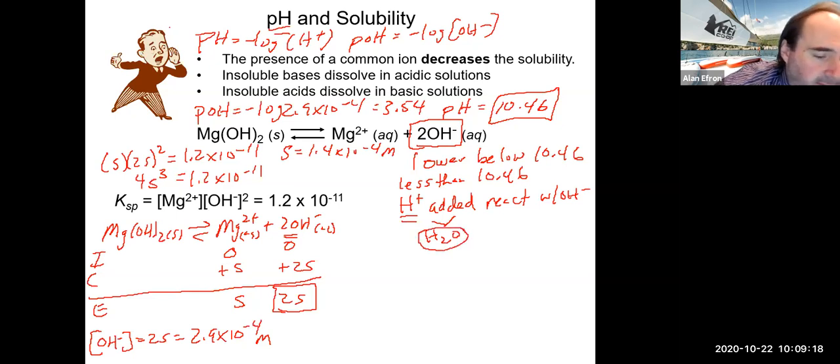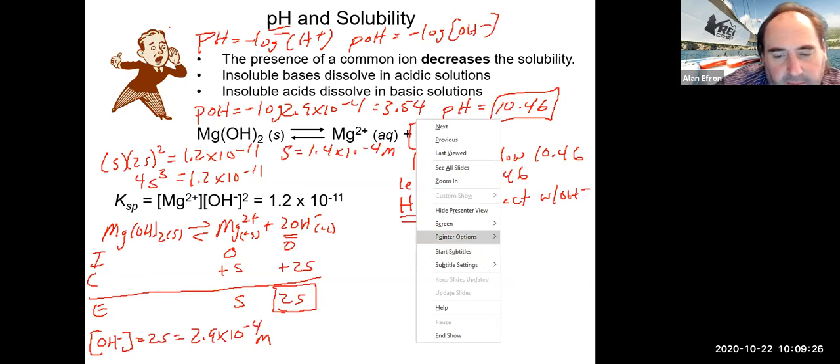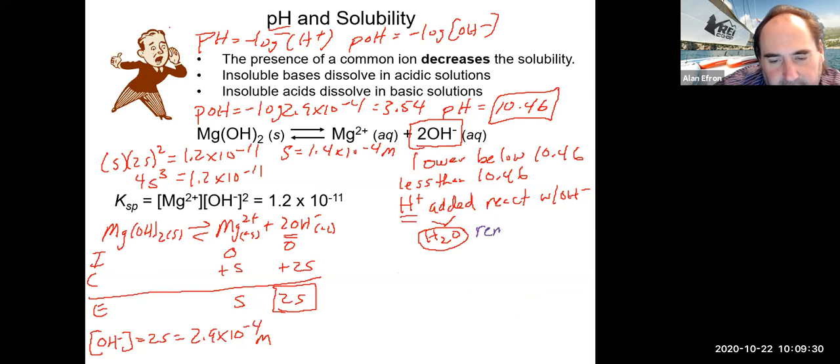But more importantly, if you lower the pH below 10.46, it is essentially going to be removing OH minus. And when we remove OH minus, that's going to cause the equilibrium to shift towards the OH minus, basically to the right.